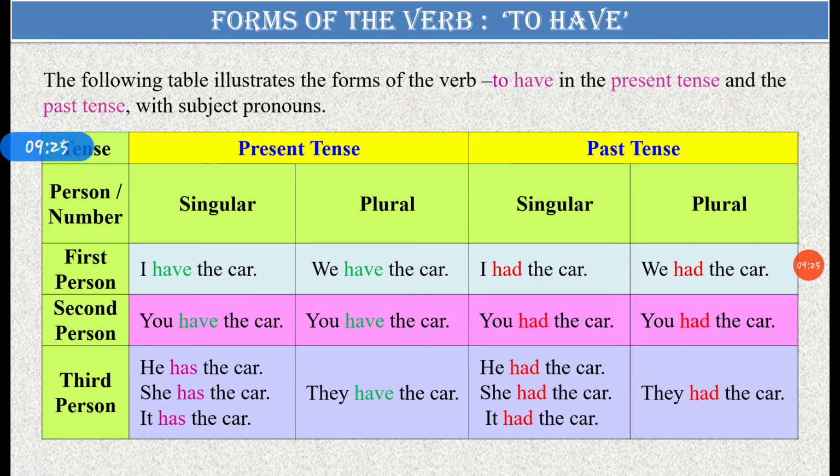If we talk about the third person, he, she, it or they, we use he has, she has, it has, they have. Similarly, in past tense we use he had, she had, it had and they had. We use has, have and had in to have forms of the verb.